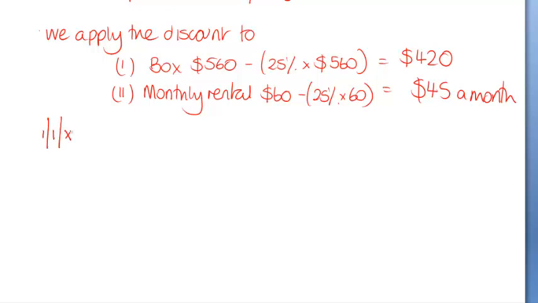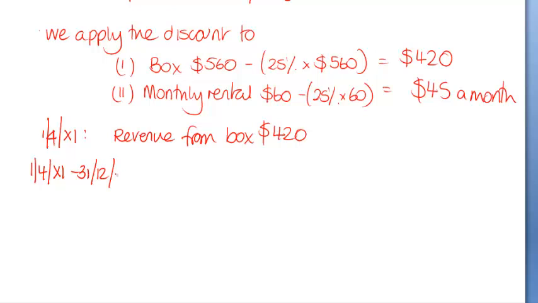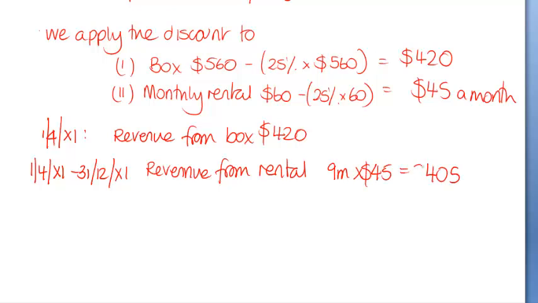So on the 1st of April X1, we've got revenue from the box is 420, and from the 1st of April X1 to the 31st of December X1, we've got revenue from rental, 9 months at $45 a month, works out as $405.